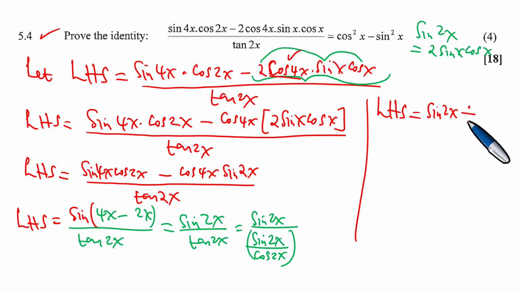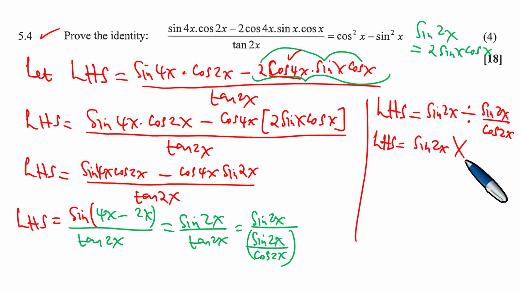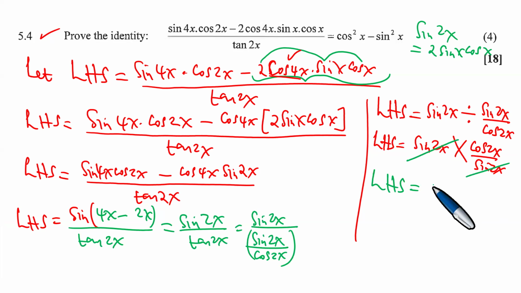We have this, and you divide by sine 2x over cosine 2x, so we multiply by cosine 2x over sine 2x. This one cancels out, giving us cosine 2x.